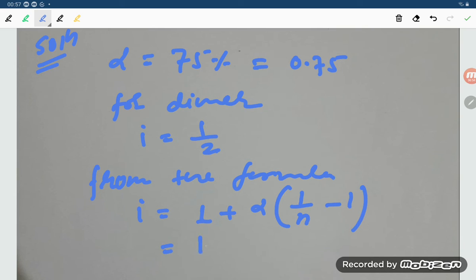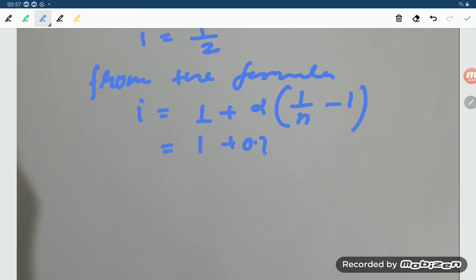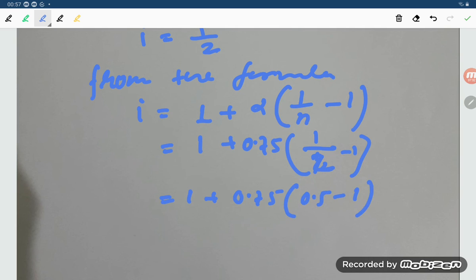Now put in the values. 1 plus 0.75, and 1 by n is 1 by 2, which is 0.5, minus 1. So it is 1 plus 0.75 times (0.5 minus 1), that is times minus 0.5.